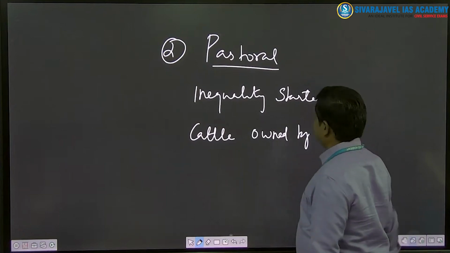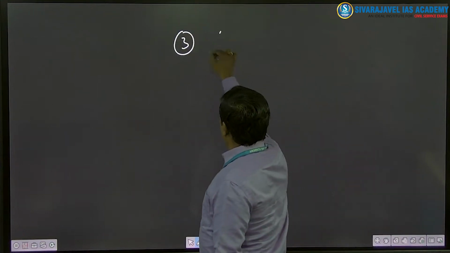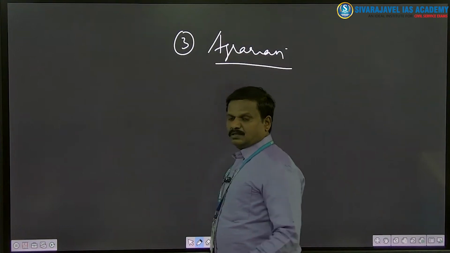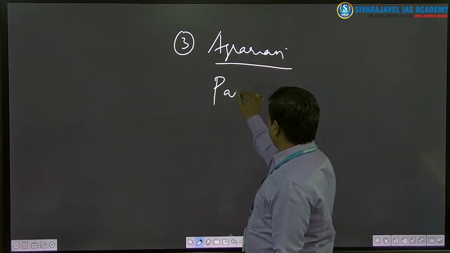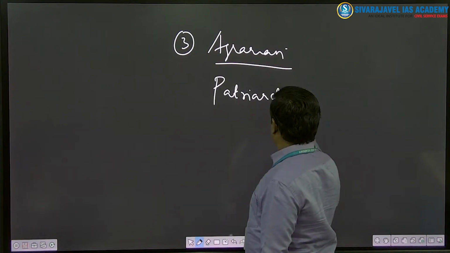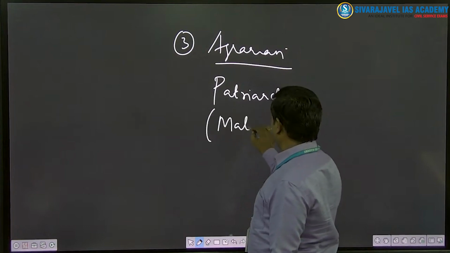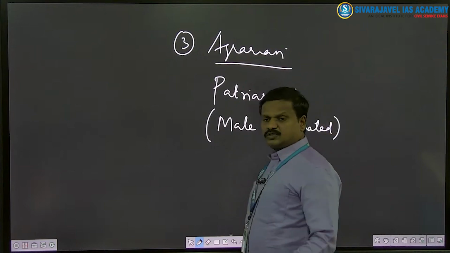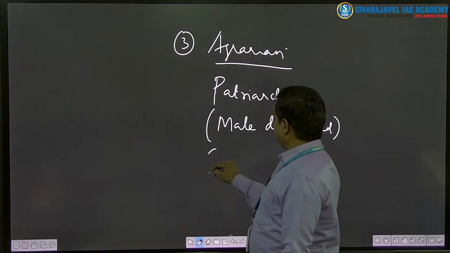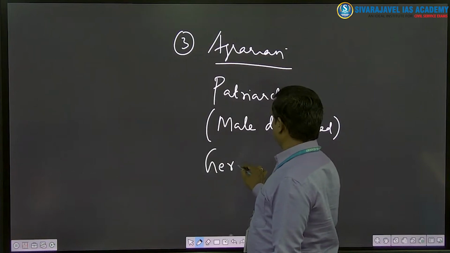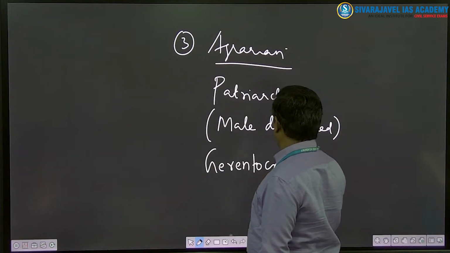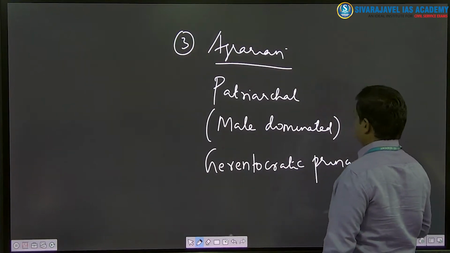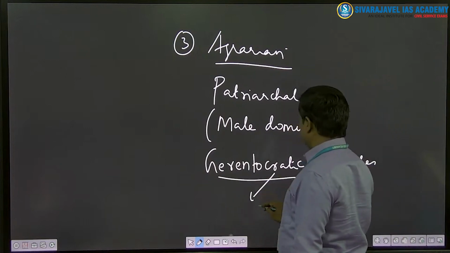Now come to the third society, agrarian society. This is a patriarchal society, which means a male dominated society. This society operates based on gerontocratic principles. Gerontocracy means age.